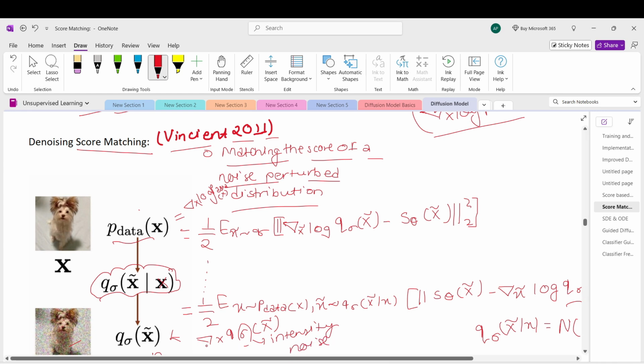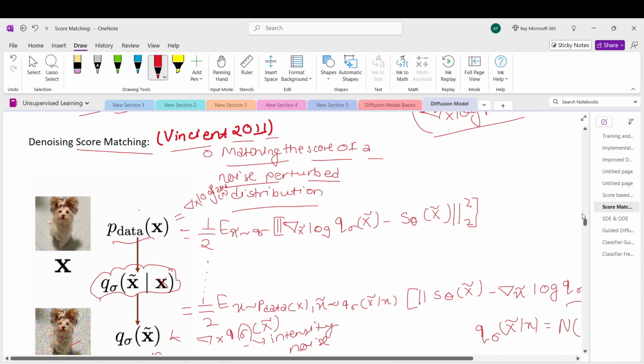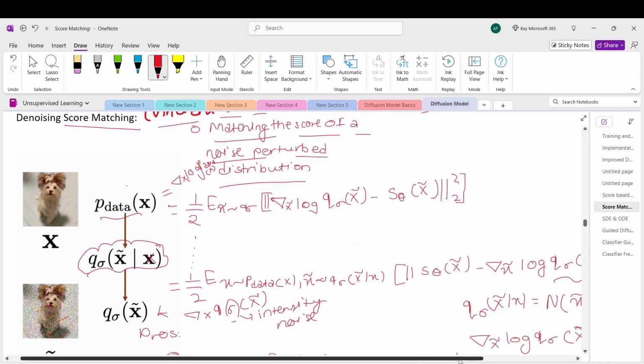So Vincent says that instead of approximating the score function of the real data distribution p data of x, take the gradient of this smoother distribution. We will see some of the mathematical tricks.